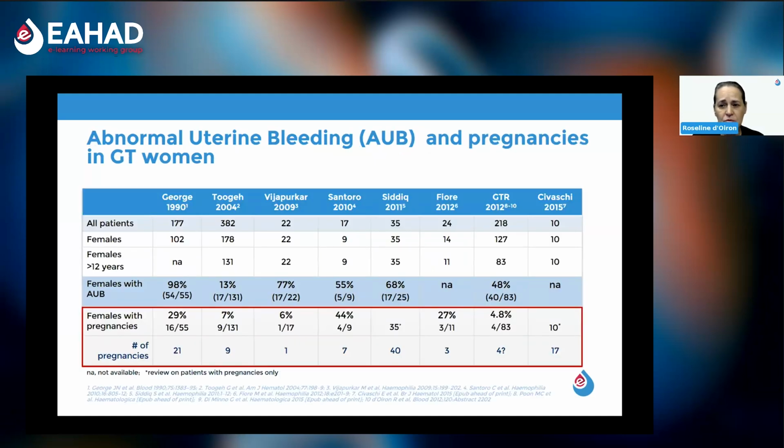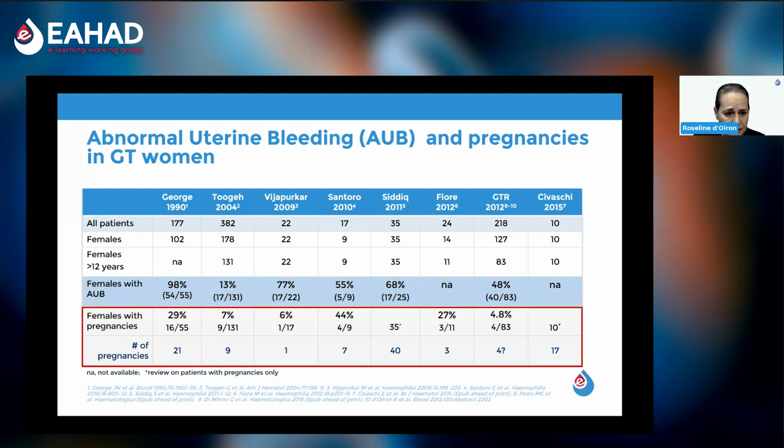Let's move now to what happens regarding the women and the bleeding episodes that they may have. Abnormal uterine bleeding is extremely frequent in women with Glanzmann Thrombasthenia. You have in this table some of the reports and the largest cohorts reported so far in the literature.